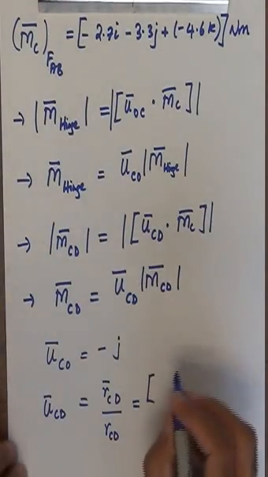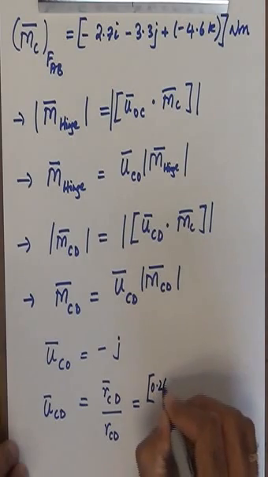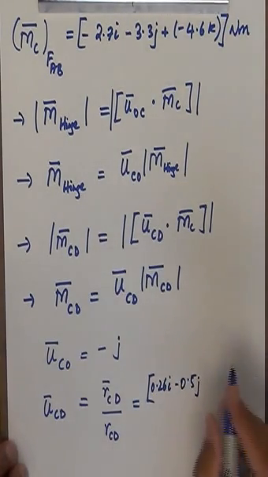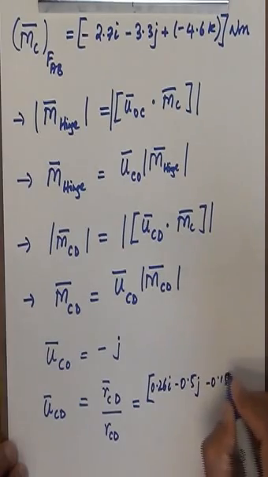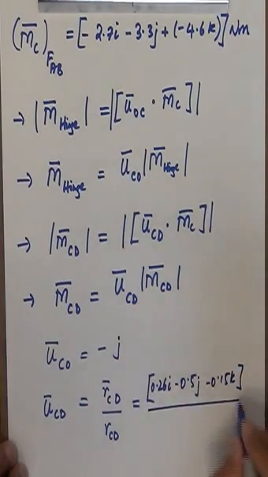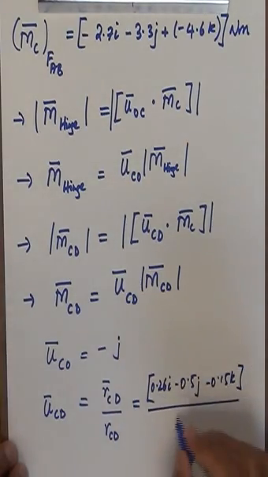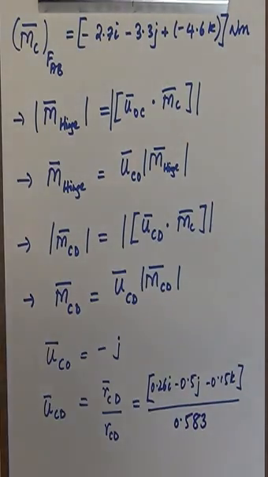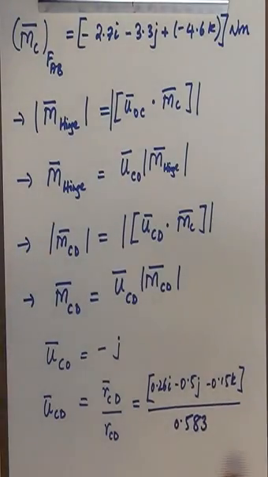It's going to be 0.26i minus 0.5j minus 0.15k divided by the square root of the sum of the squares, which will give me 0.583. So I have everything. I have the moment about the point C as well, so all we have to do is compute the answers. So let's start off with the moment about the hinge.